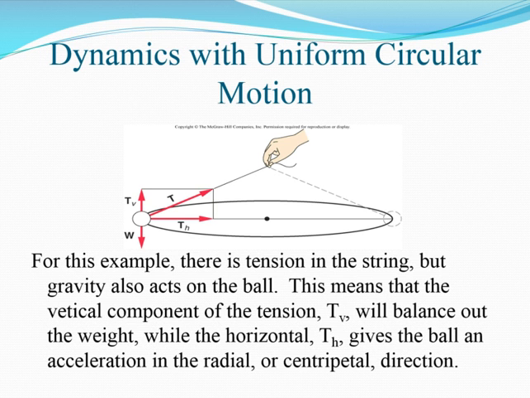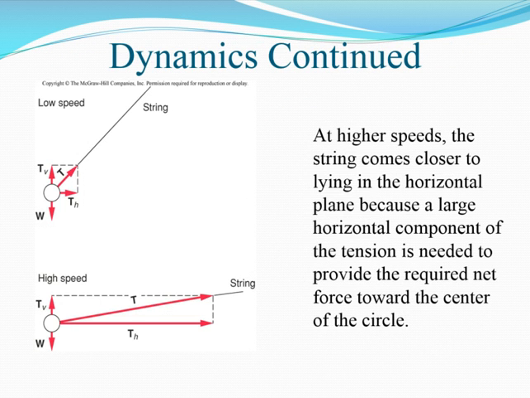So what happens is that as we spin it at higher and higher speeds, that string will come closer and closer to a horizontal plane, so that angle is going to get smaller, and that's because we need a larger component of the horizontal tension in order to provide that net force needed to keep the object moving in a circular path.